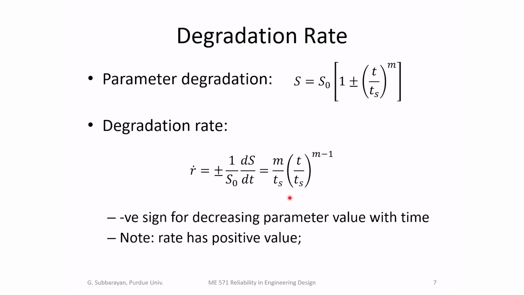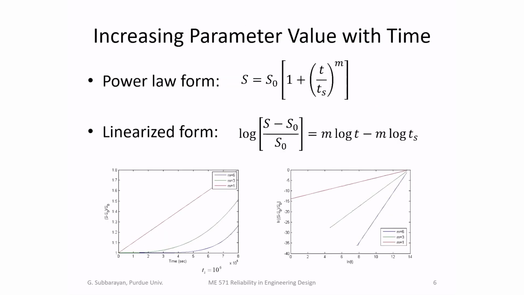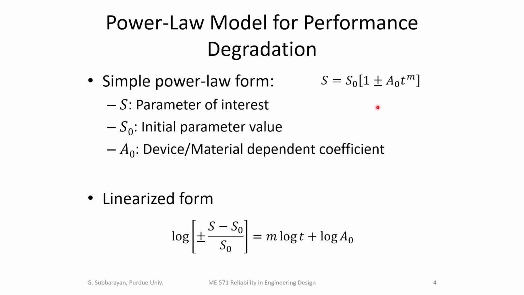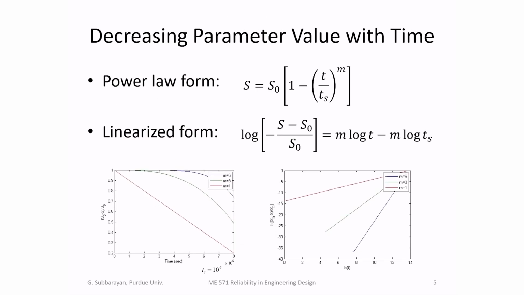And you can see here the degradation rate, divided by 1 over S naught, that normalizes it, has this form here, M over Ts, T over Ts, where Ts is a scaling parameter here. Previously we had parameter A naught, but when we expressed it in the power law form, we used a scaling constant Ts.